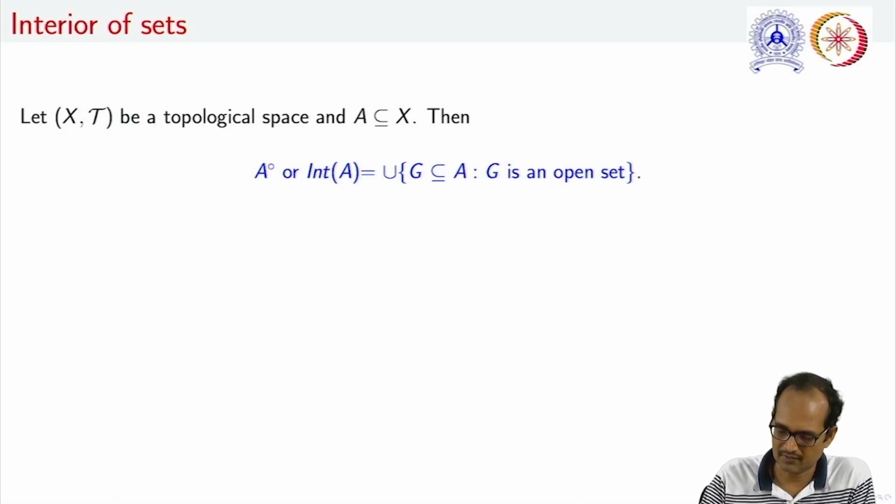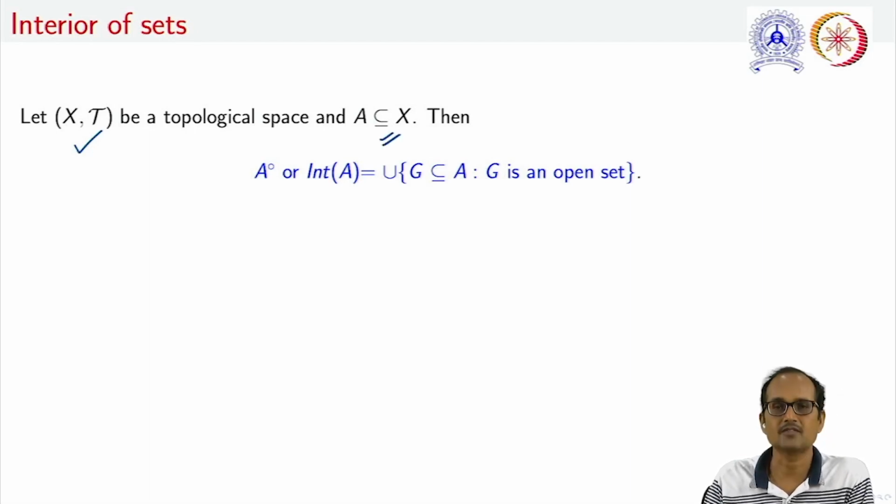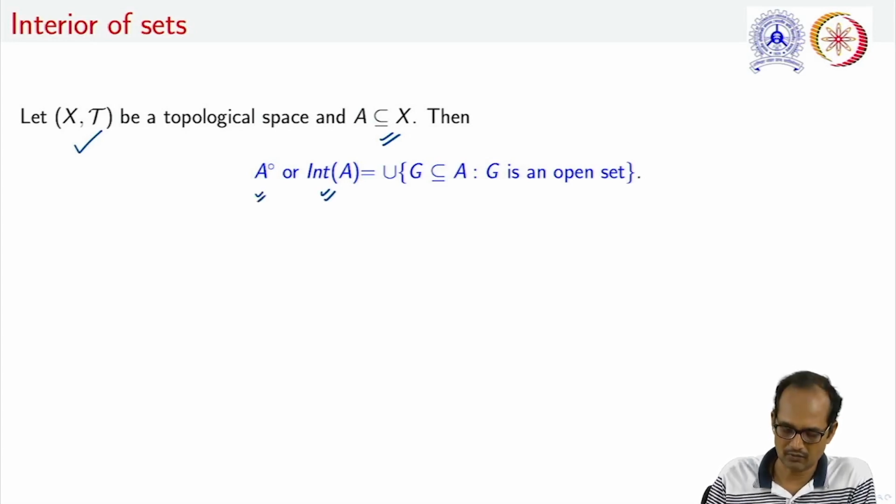Begin with the definition. Let (X, tau) be a topological space and A a subset of X. Then the interior of A is denoted like this, or with a circle. This is the union of all G which are subsets of A, such that G is an open set.